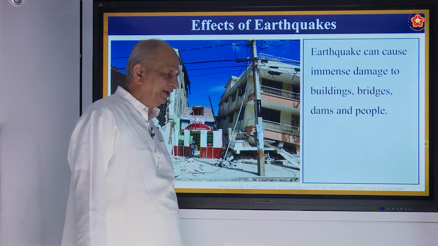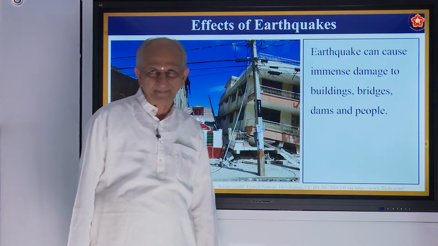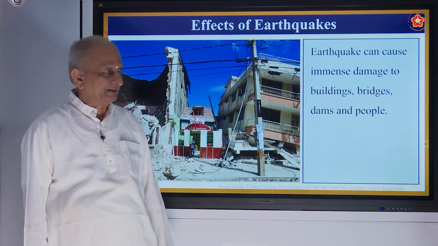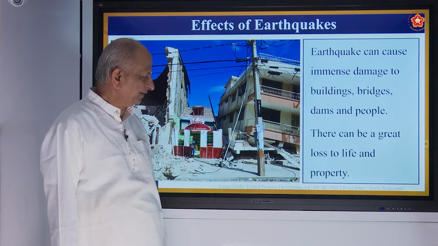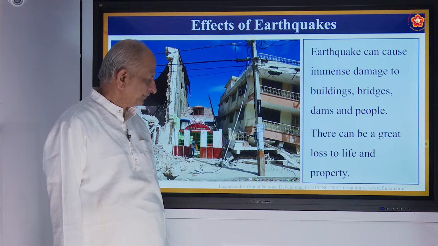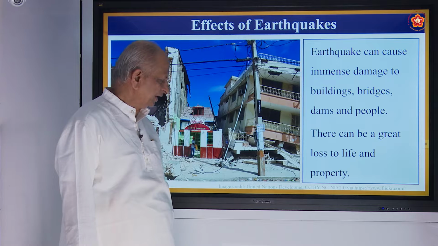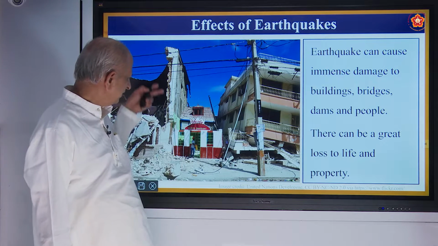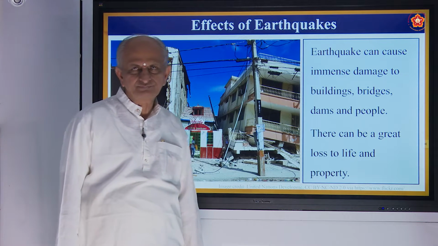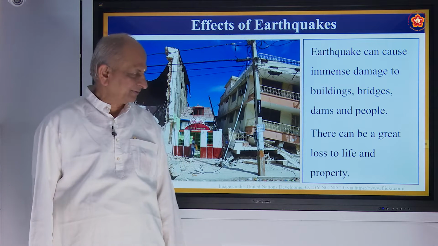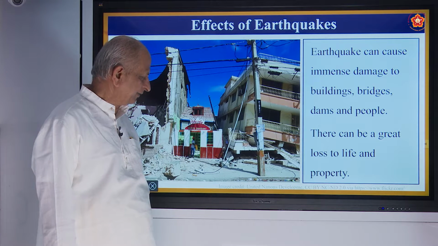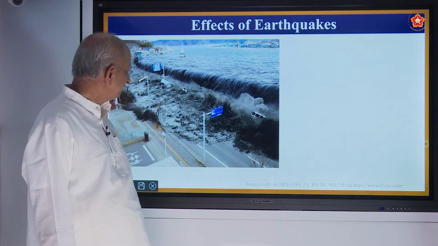Of course, you and I don't have experience because it does not happen in Karnataka, but there are some states which are severely affected. There can be a great loss to life and property. So naturally, when it falls like this, very great danger will be there for loss of life and property.